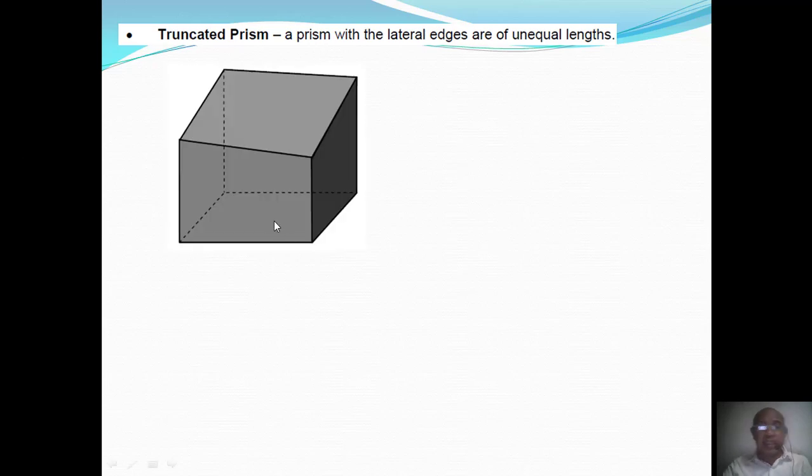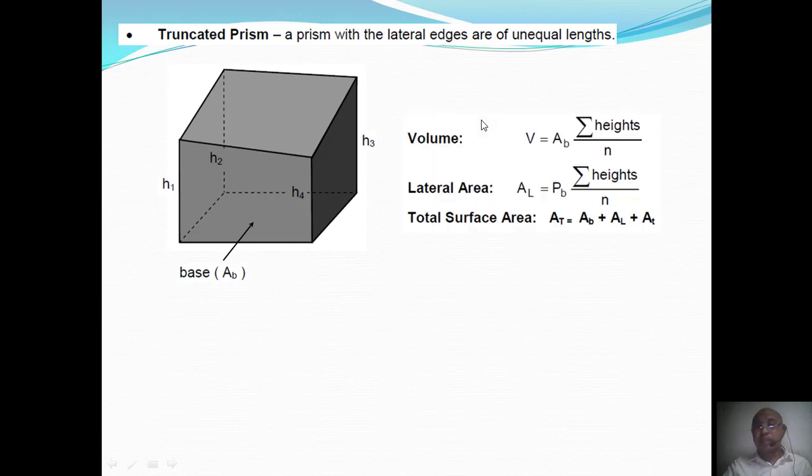So we have the base and then we have here the heights, H1, H2, H3, H4. Then we have the area of the base. So the volume of the truncated prism is equal to area of the base times the average of the heights, sum of the heights divided by the number of the heights here.